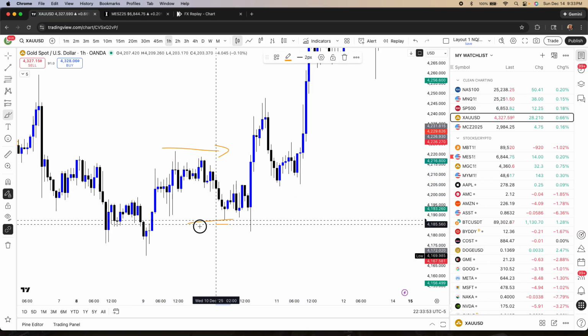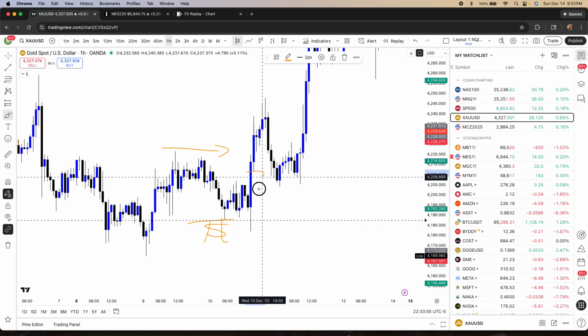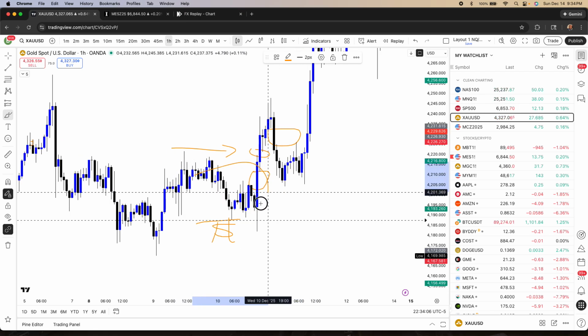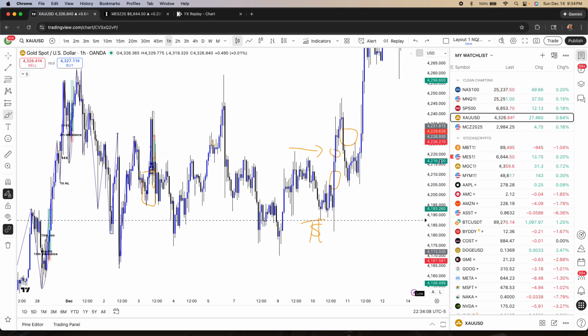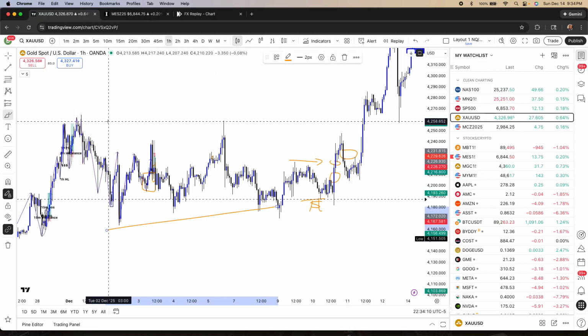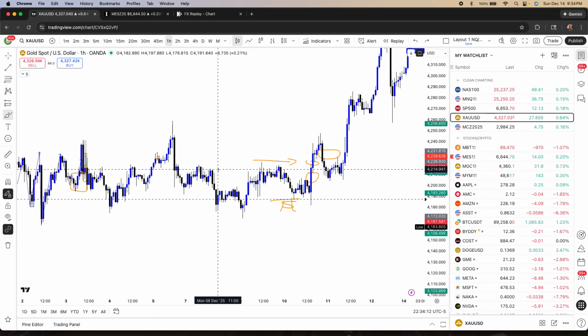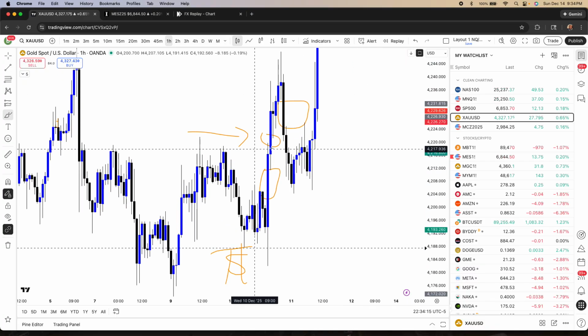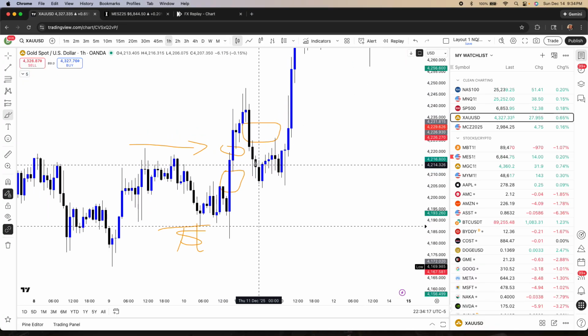We swept liquidity right here. We created imbalance right here as well as right here, showing us that price movement was strong. We also have imbalance right here showing us price movement was strong down. But this swept a ton of liquidity. We're in a range, so we're not necessarily more bullish or bearish at the moment. So either one of these probably could have won.